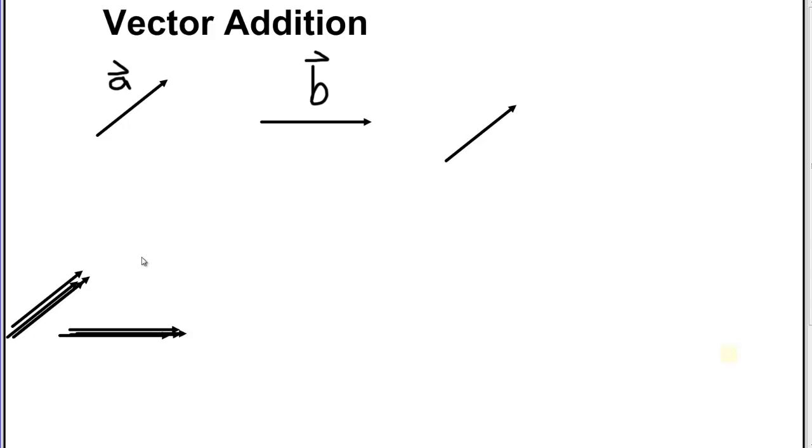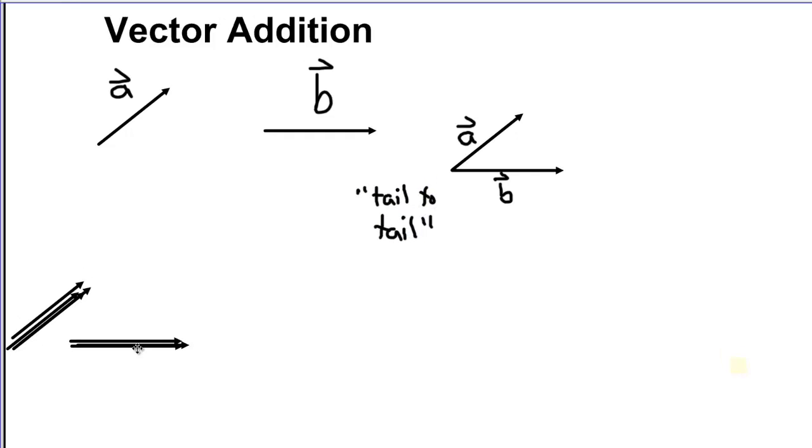Now to do vector addition, I'm going to start by putting the two vectors A and B in what's called a tail-to-tail manner. So I'm just going to label, this is vector A, this is vector B, and this is tail-to-tail. What I want to do with these is complete a parallelogram.